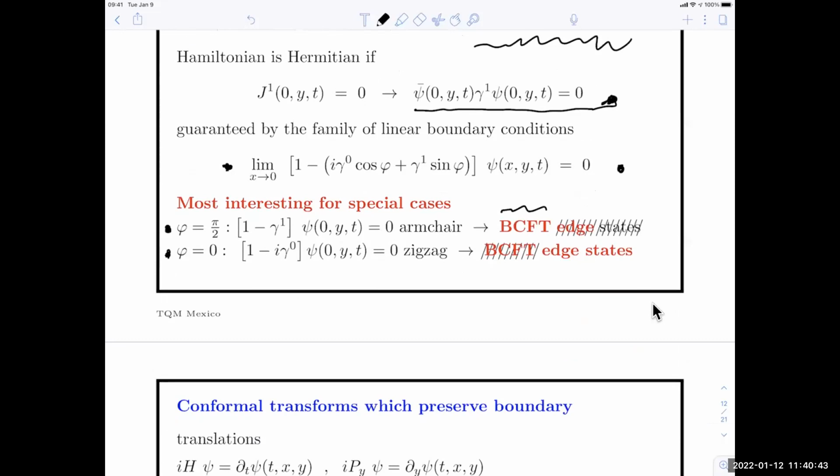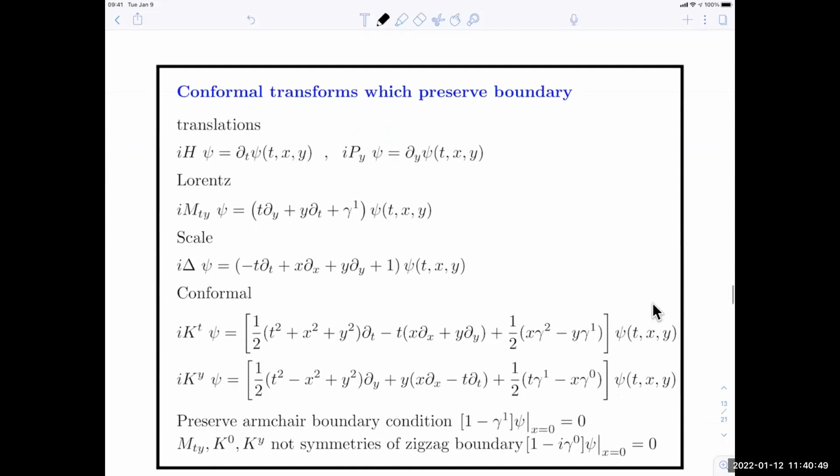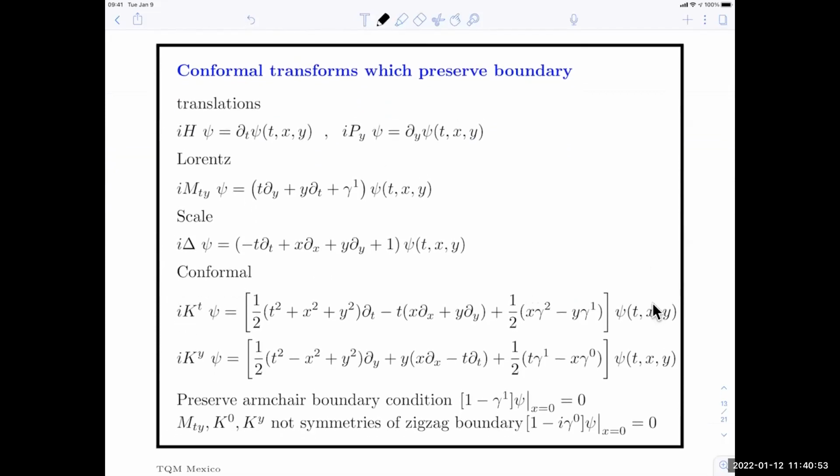Okay, to study the armchair boundary condition first and to understand why it preserves conformal symmetry, one can write down the generators of conformal transformations, well, of the space-time translations, Lorentz transformations, scaling, and the conformal transformations. So the whole list, as they would act on the fermion field, is contained on this page.